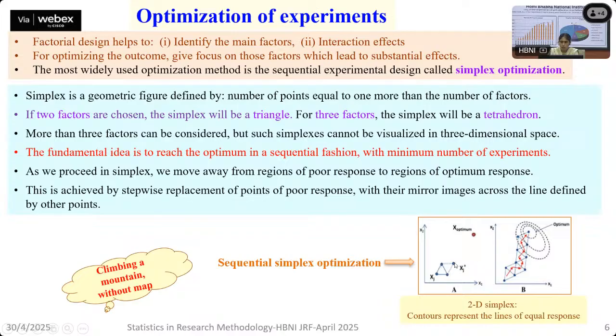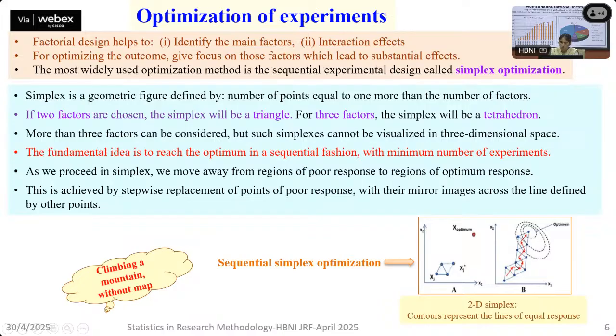Now you have reached the response function which is better than the xj. Now xj star is better than xj. Like that, when you have this triangle, the upper triangle, you see that now this point is having the poorest response. Now you focus on improving this point. You make a mirror image of this point on here. So that way you reach at this point.